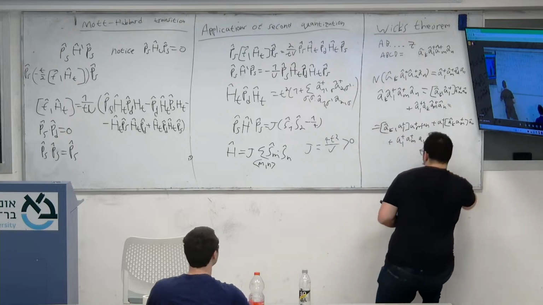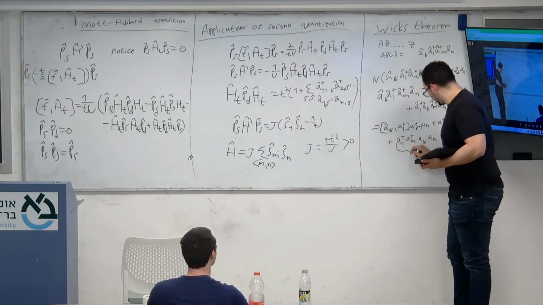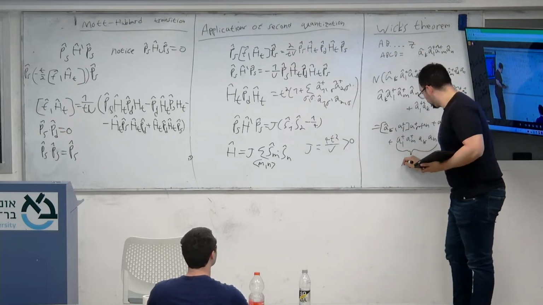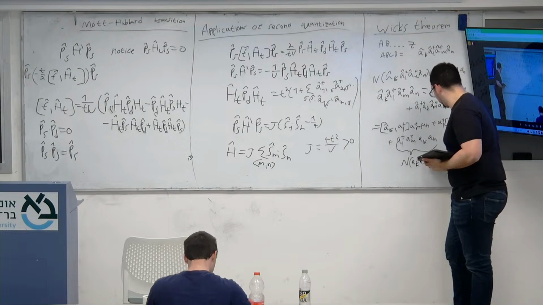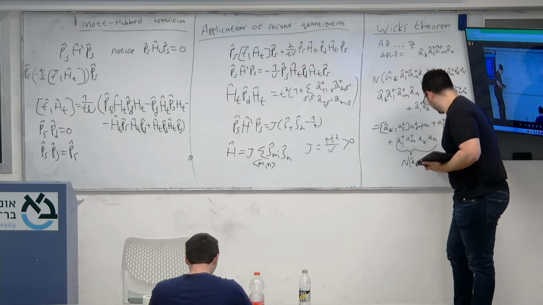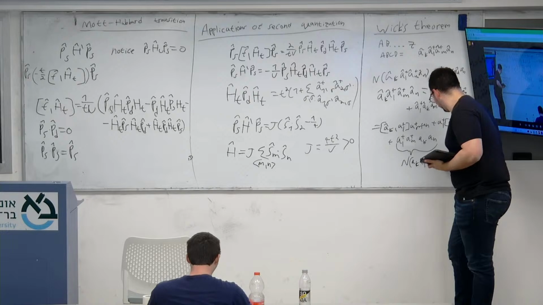And notice this right here is the normal order of a_k a_l a_m dagger a_n.